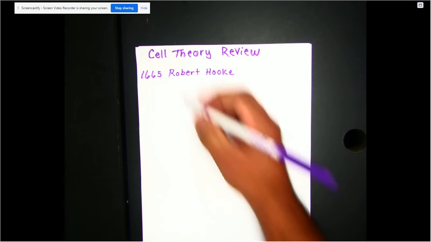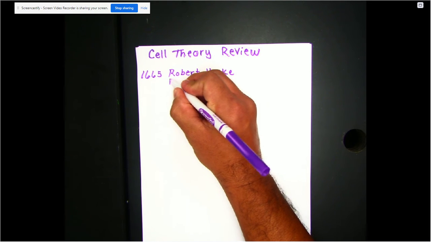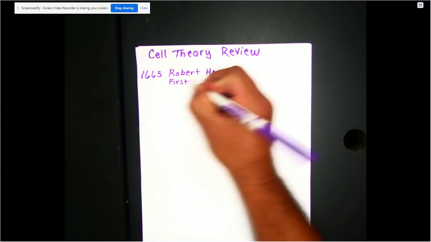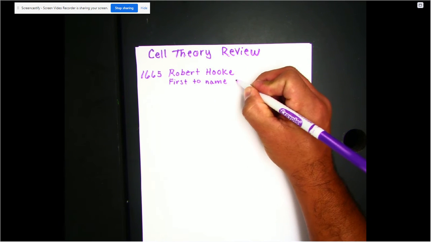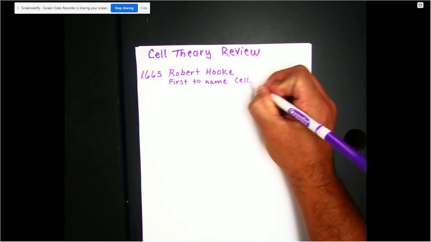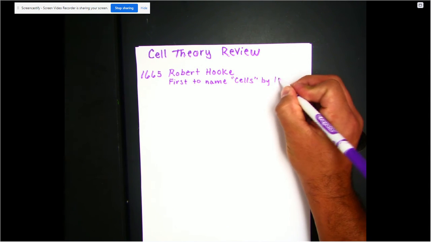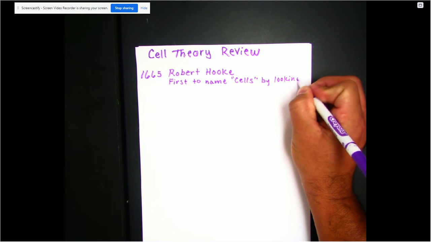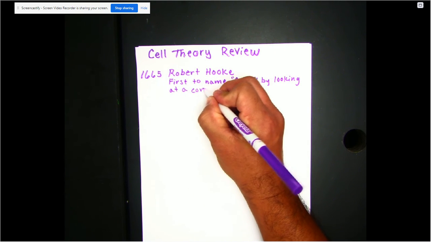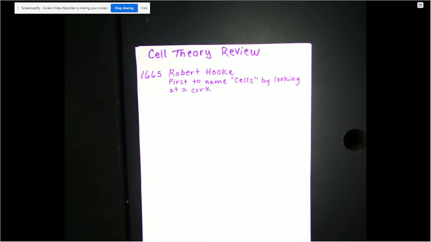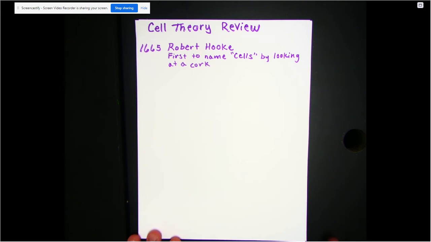Robert Hooke looked at a piece of cork, and he was the first to name cells. Remember, he did this by looking at a cork. So we give him the credit for coming up with the name cell.